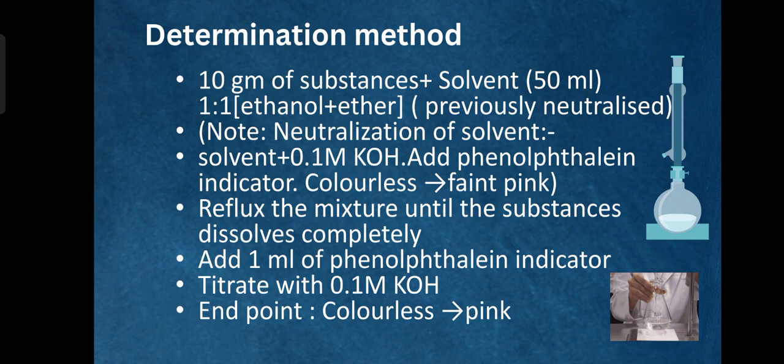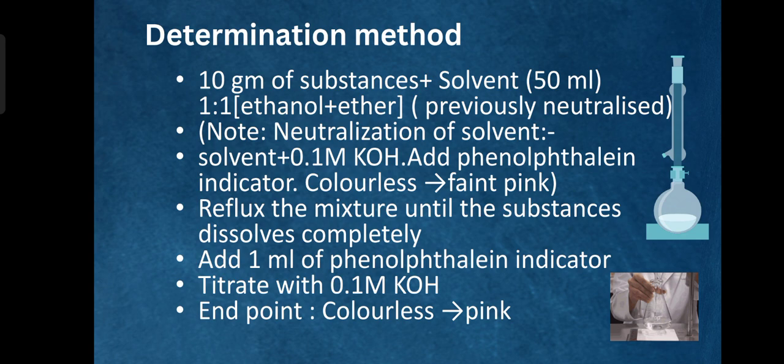Here approximately 15 to 20 minutes of refluxing is enough to dissolve the substance in the solvent. Once it gets dissolved through refluxing, we have to titrate this substance-solvent mixture against 0.1 molar potassium hydroxide using 1 ml of phenolphthalein as an indicator.